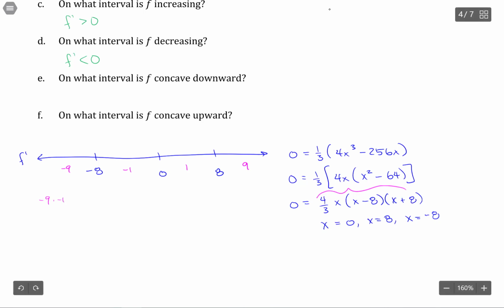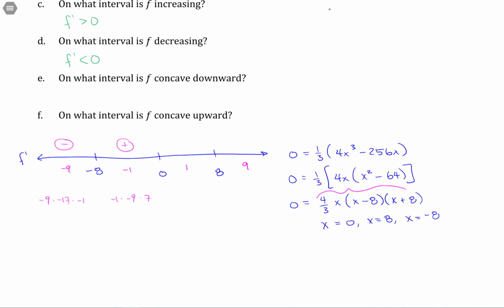Negative 9 minus 8 is negative 17, and negative 9 plus 8 is negative 1. So three negatives multiplied together give me a negative value overall. Then for negative 1, I would have negative 1 times negative 1 minus 8, which is negative 9, and negative 1 plus 8 would be 7. So that would result in a positive value.